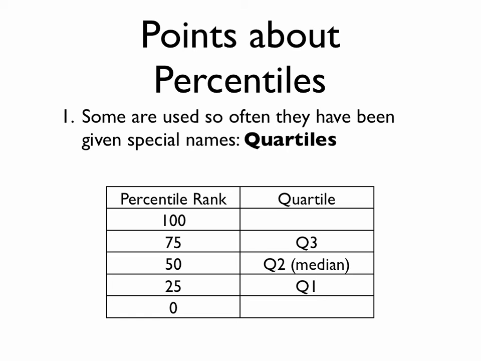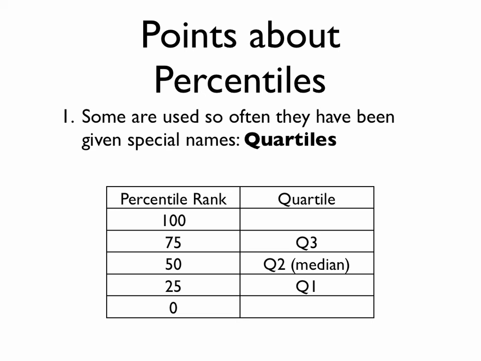At the percentile rank of 100%, that's what it's just called. But if you get to a percentile rank of 75, you could say that you're at the third quartile, Q3. 50%, the 50 percentile rank would be Q2, also called the median, which is that smack dab midpoint.